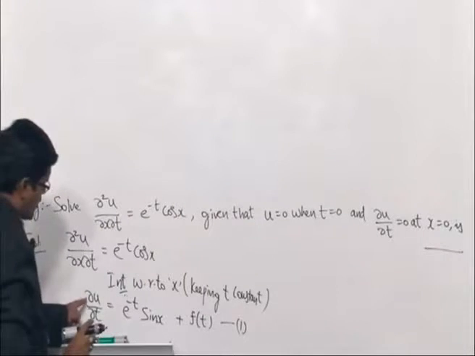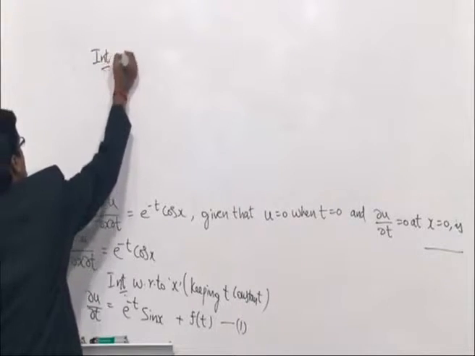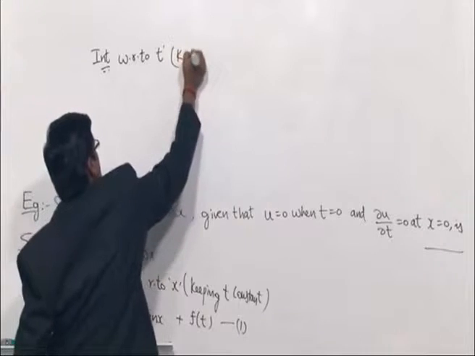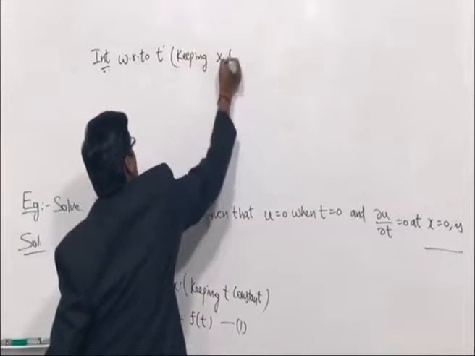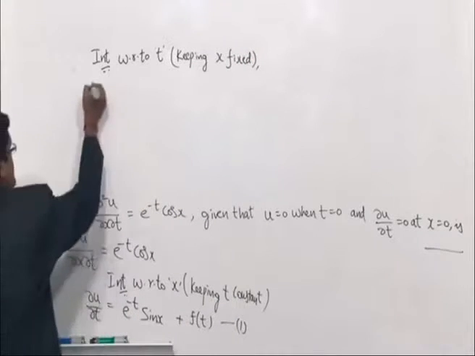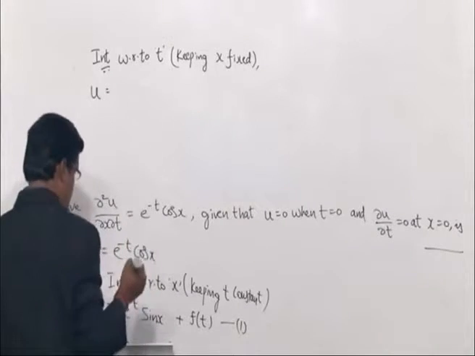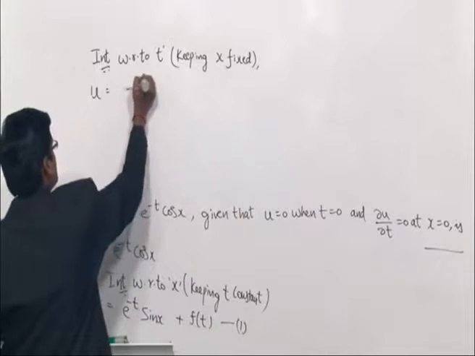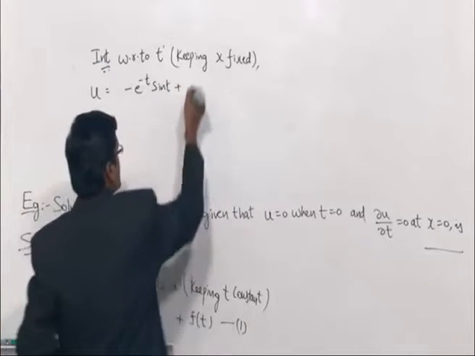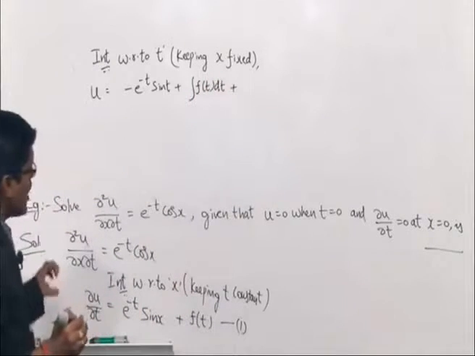So to get u, now we have to eliminate ∂/∂t, that means integrating with respect to t, keeping x fixed. Which gives u equal to, integrating with respect to t, sin x constant because it is multiplying and will not change, and the integral of e^(-t) is -e^(-t), so -e^(-t) sin x, plus the integral of f of t dt, we don't know that value, plus after integration we have to add the constant.